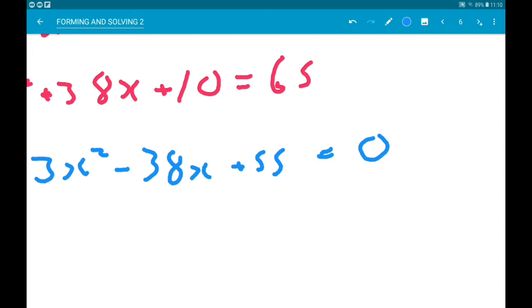Good times. So, because we have a 3x squared, one of our brackets is going to need a 3x. Now the other was going to have a single x.